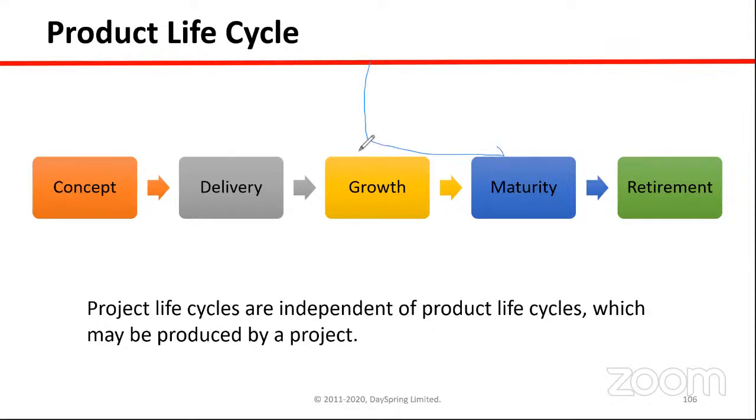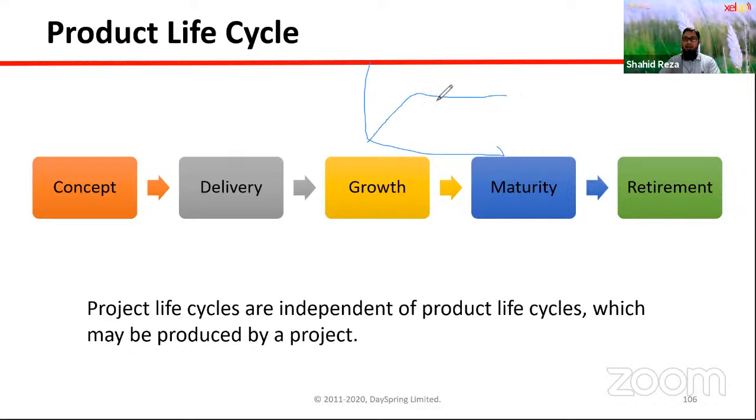Maturity means it is growing, at some time it matures in the market, and then it is not increasing. The demand is the same for a long time. Okay, so that period is known as maturity. And after that it starts declining, and lastly it expires or retires from the market.